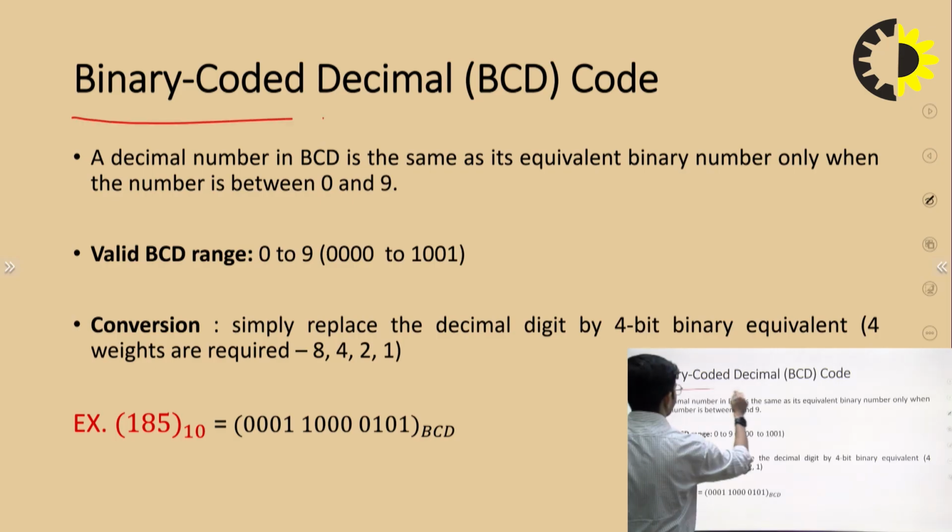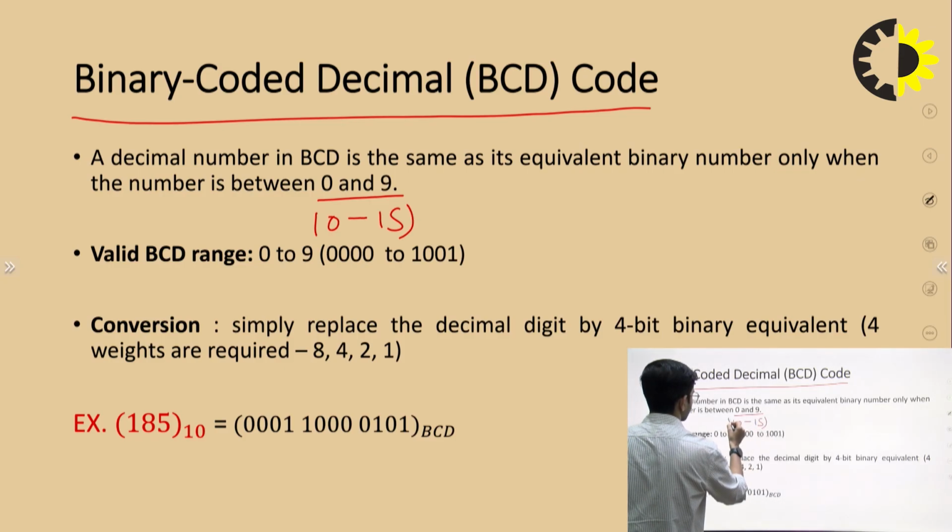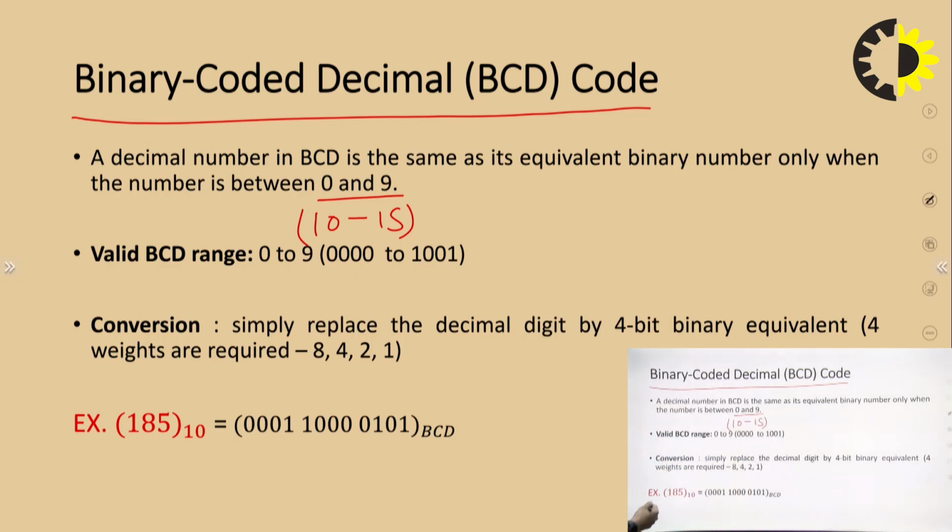First is binary coded decimal, that is BCD. What is it? A decimal number can be directly represented by the BCD code. A BCD number is valid from 0 to 9 only. 10 to 15 are the invalid BCD numbers. The conversion of a decimal digit into BCD is very simple.